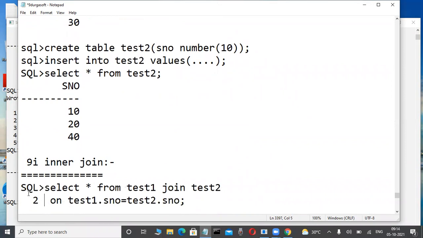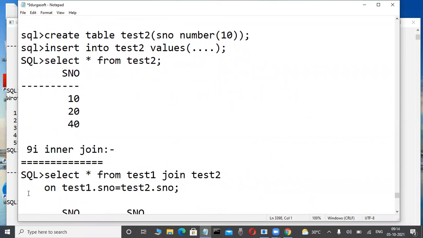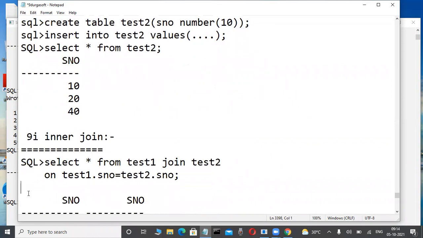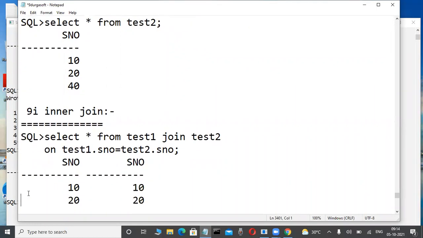Write it this way. Matching rows, very easy.